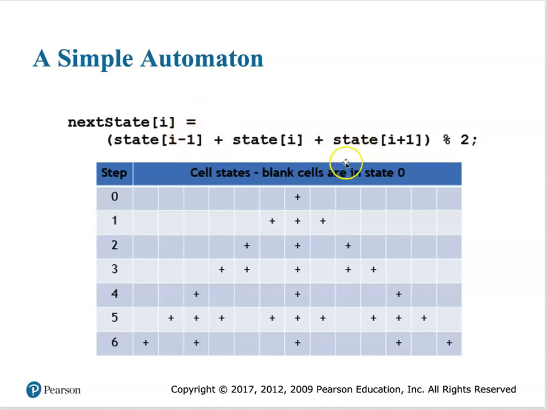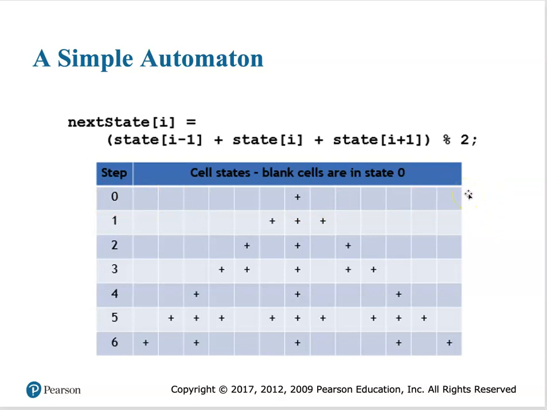Add those 3 values together and then take the integer remainder when we divide by 2. So if there's a 1, we print a plus sign. If there is a 0, we don't. And so the next state for this, the edges are special cases because this one doesn't have anything to the left and this one doesn't have anything to the right.